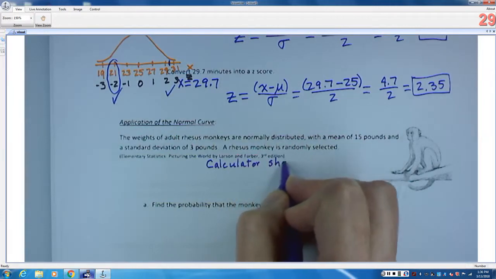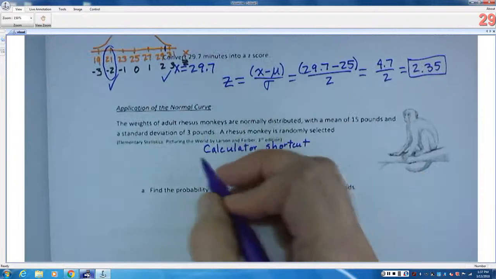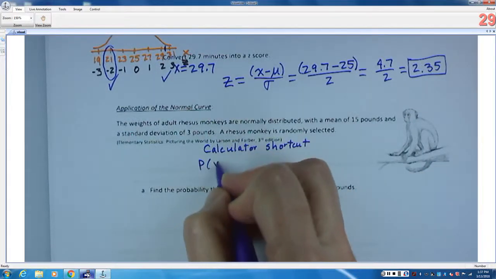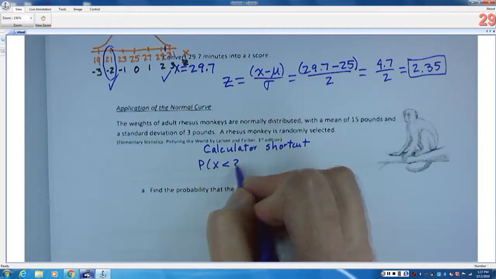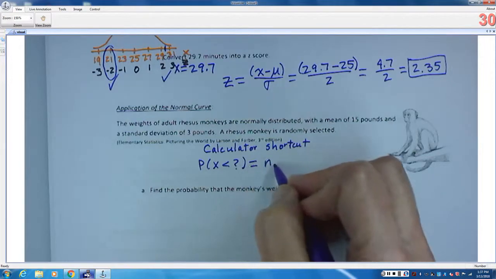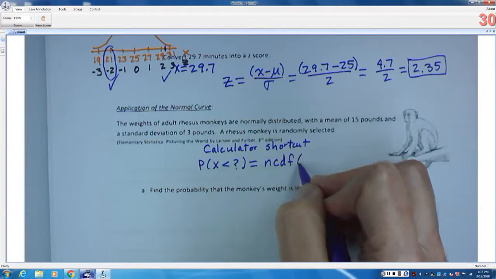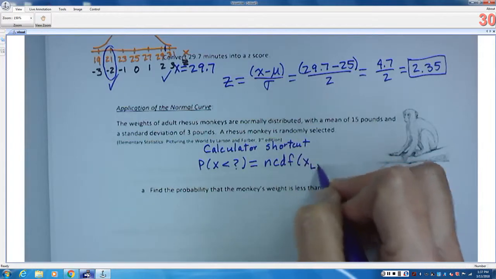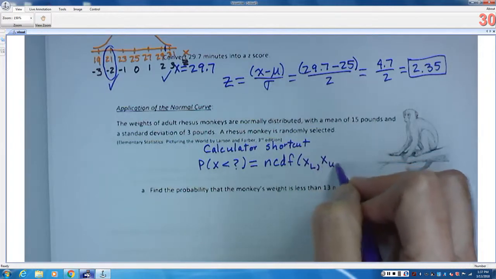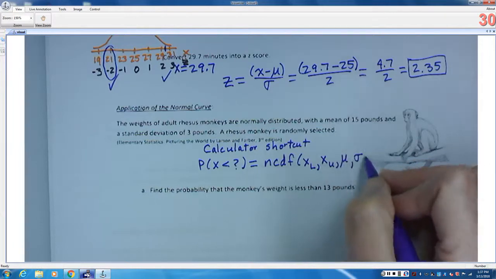The calculator shortcut for this problem, the probability that X is between or less than or greater than, is normal CDF. I'm going to just put NCDF. The lower limit of X, the upper limit of X, the mean of X, and the standard deviation of X.